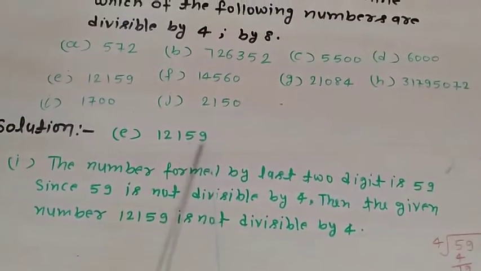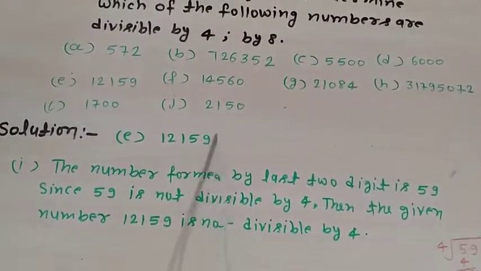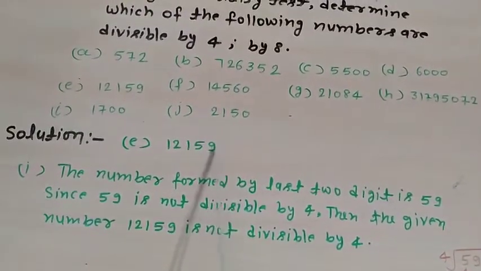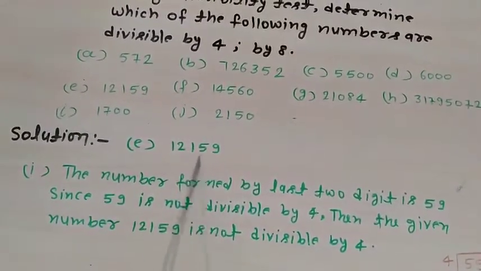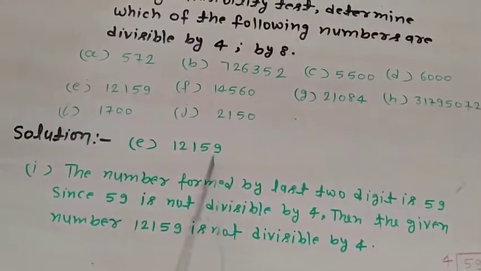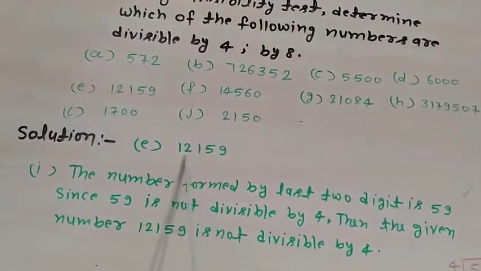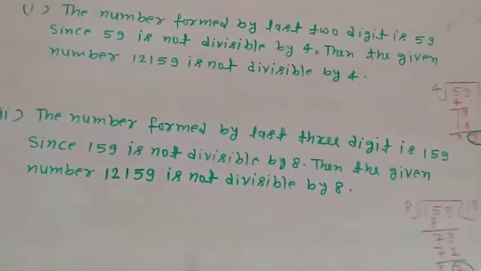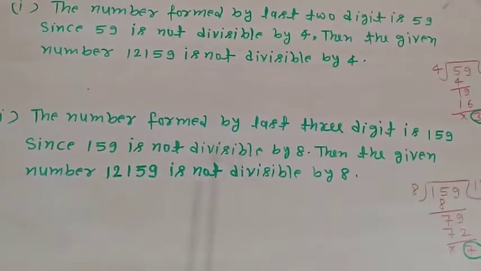Now we are going to check divisibility by 8. For divisibility by 8, we check the last three digits. What are the last three digits? 159. If 159 is divisible by 8, then this number is divisible by 8. Let's see.